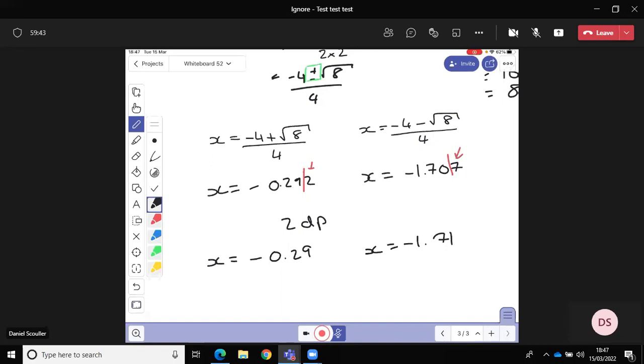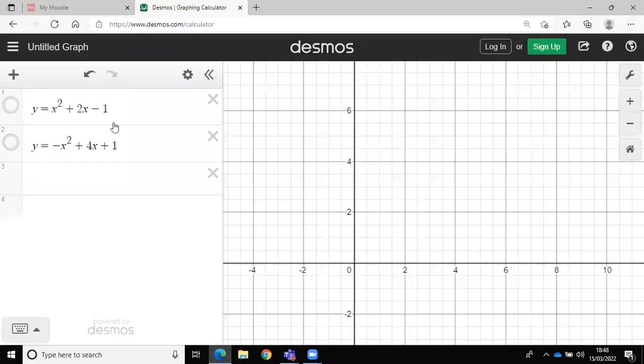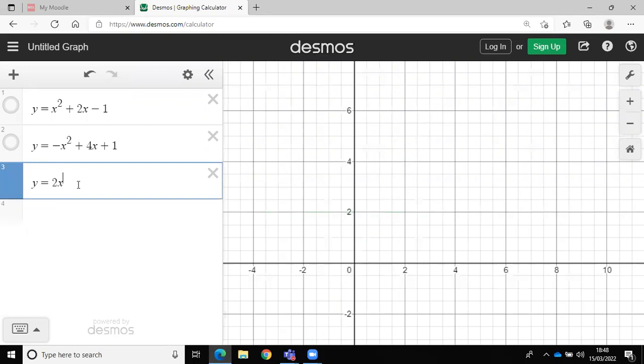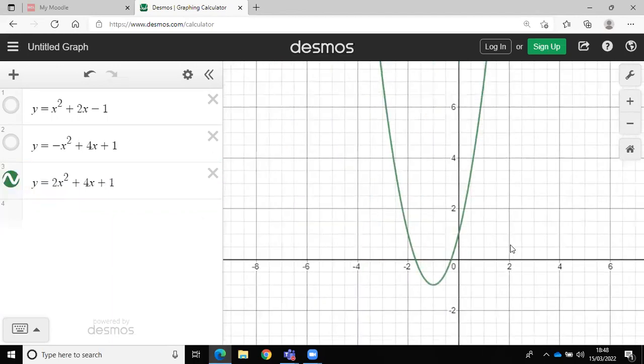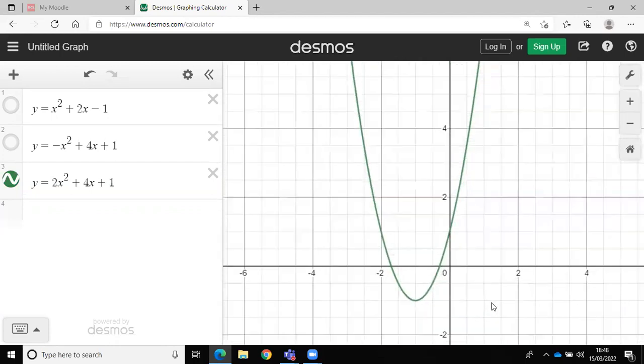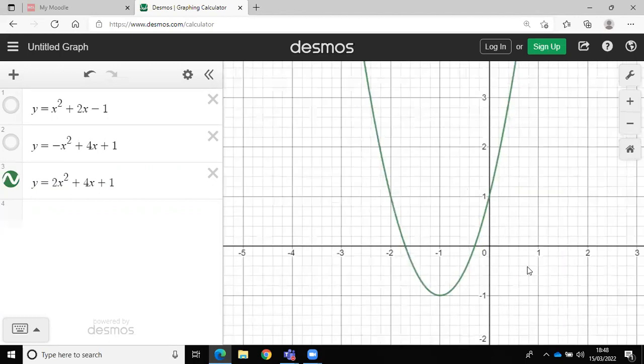Okay, if we go back into Desmos, I'll just write that out, and I'll just show you what we've just found out. So that's the equation we started with, and that line in green is what we've just worked out.